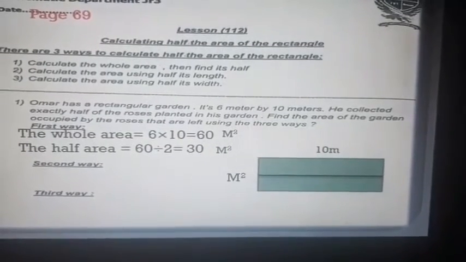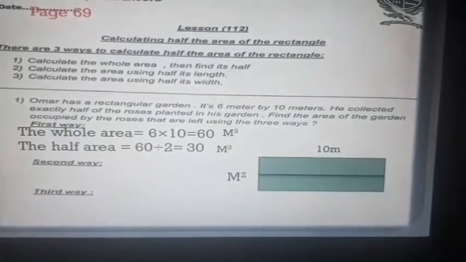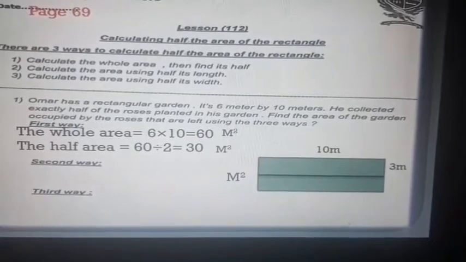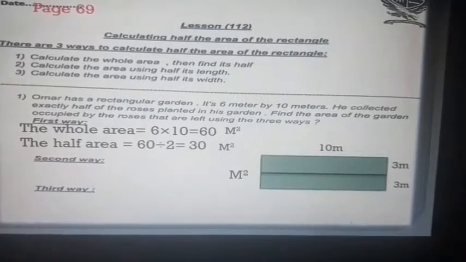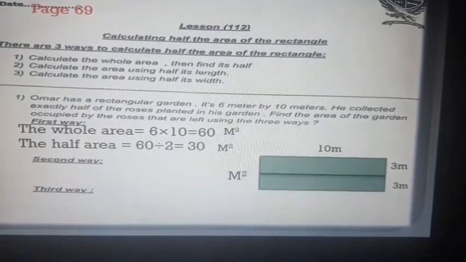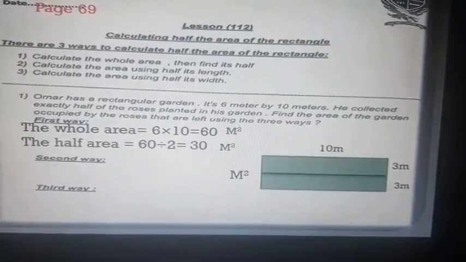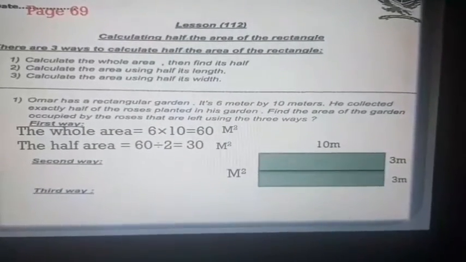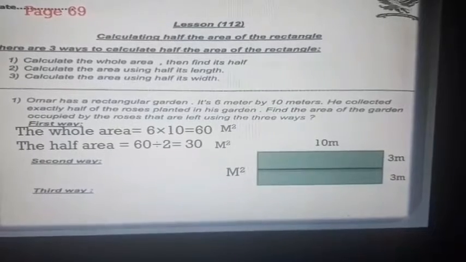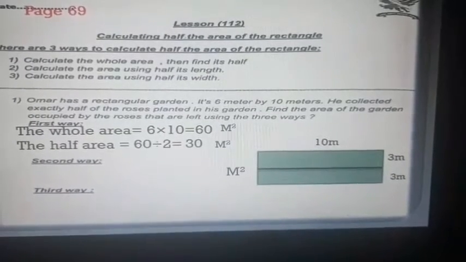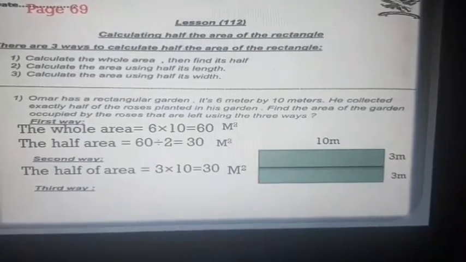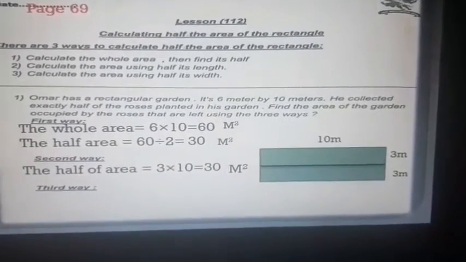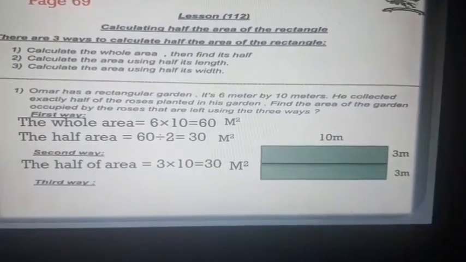I will make a line between them. So 6 divided 2, it will be, yes, 3. So each part equals 3 meters. And now I will calculate the small rectangle, with 2 dimensions, 10 and 3. So I will multiply 3 and 10. It will be 30 meters squared.